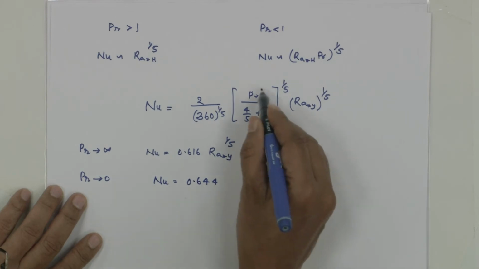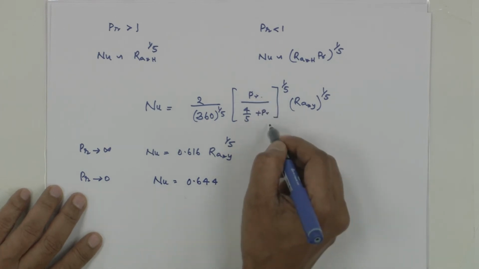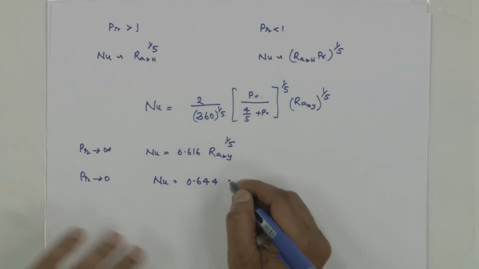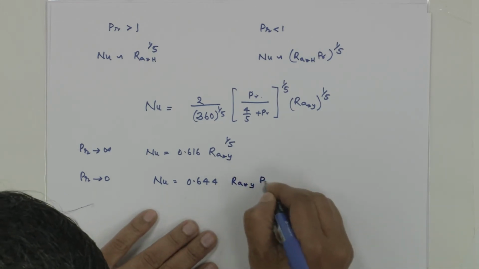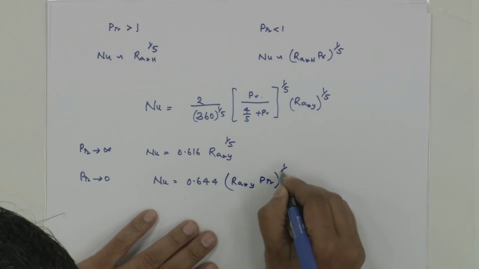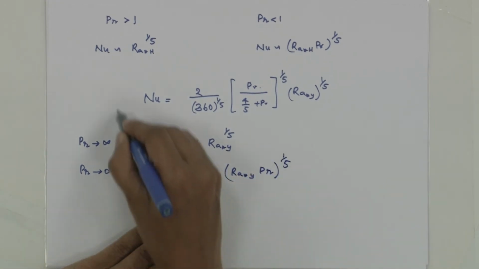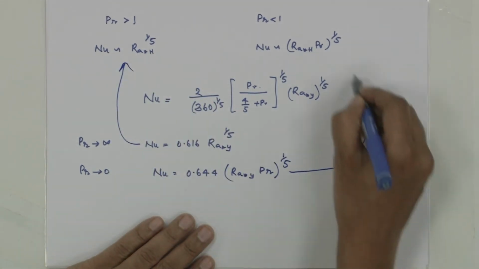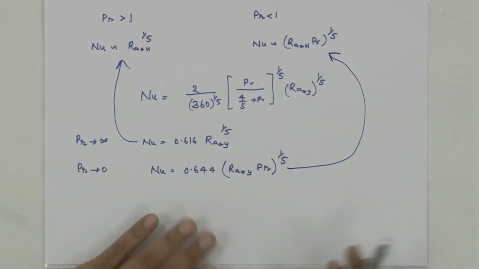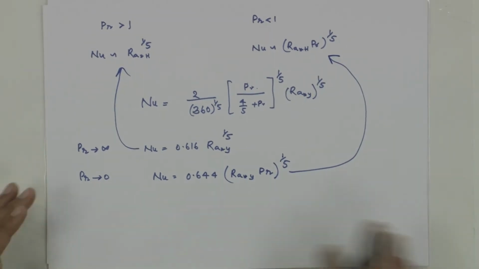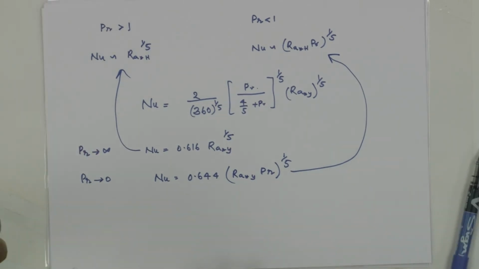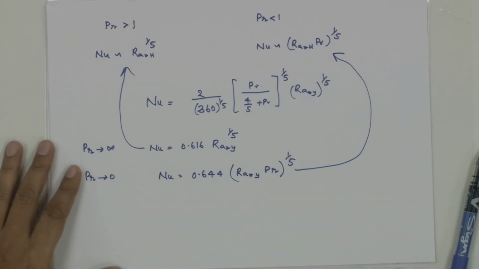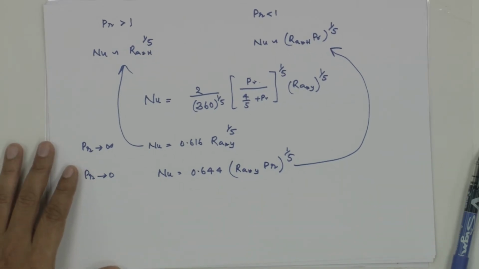So this Prandtl number in the numerator I can retain, Prandtl number in the denominator I can remove. So I get R A star y into Prandtl to the power of 1 by 5. This is nothing but what we got here. So what we got with the simple rearrangement of the Nusselt number, what we got for constant wall temperature is working for the constant heat flux also. So this has been proved.